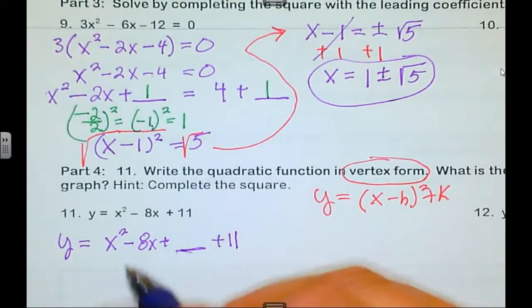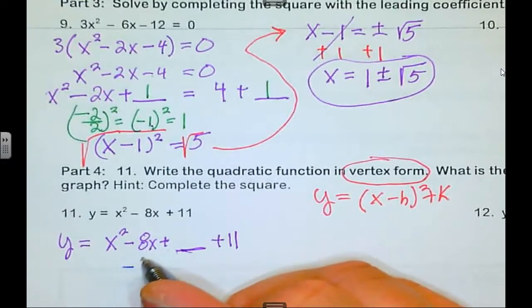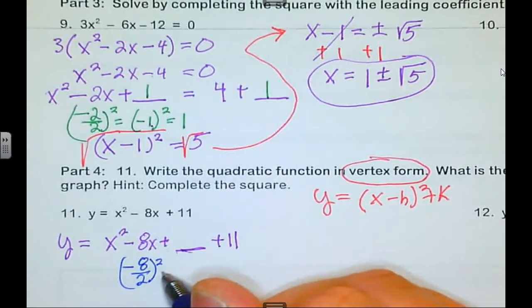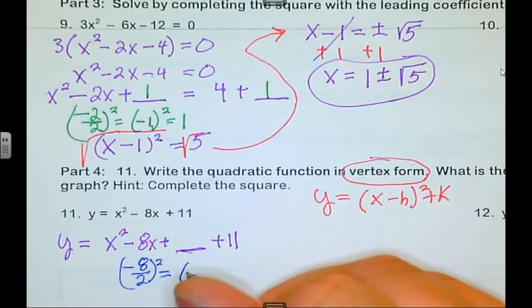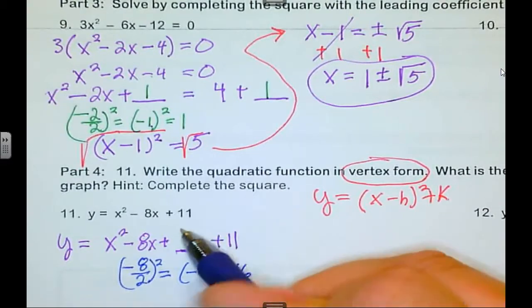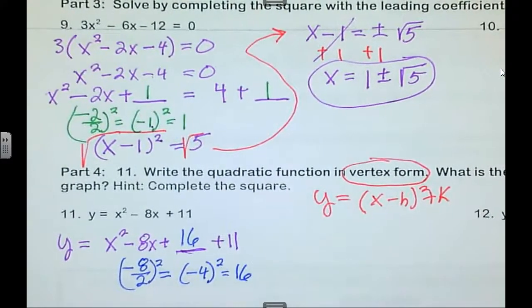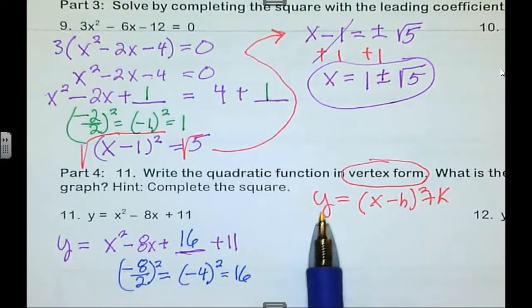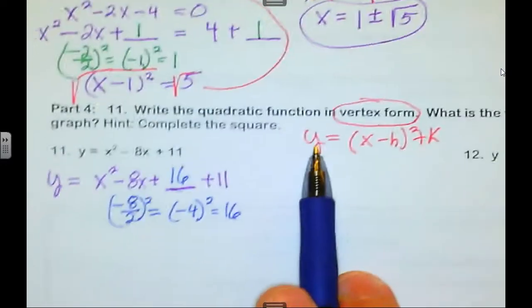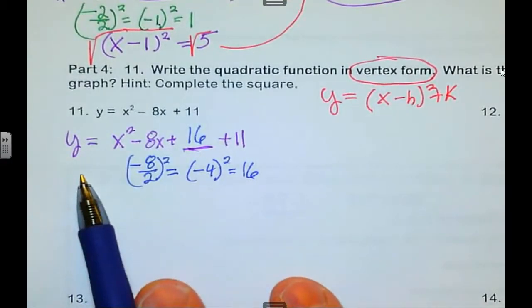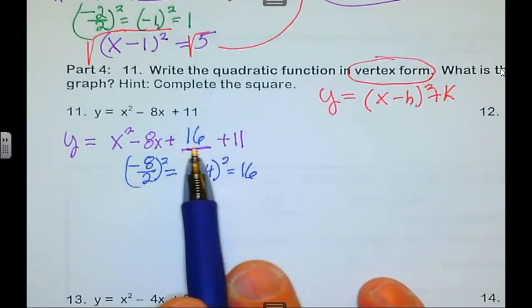I'm going to take half of b and square it. That gives me -4 squared, which is 16. So I'm going to add 16. Because I want y by itself in vertex form, I'm not going to add 16 to this side, but how do I offset adding 16?